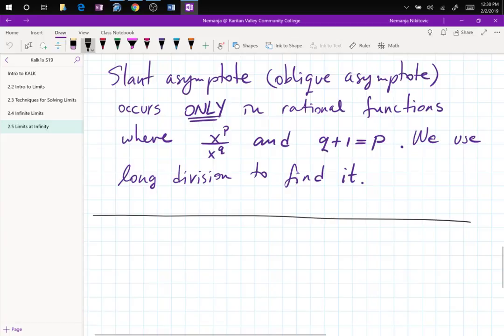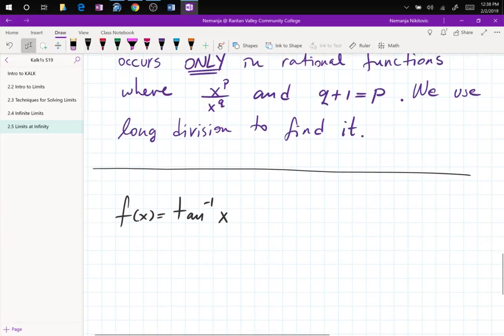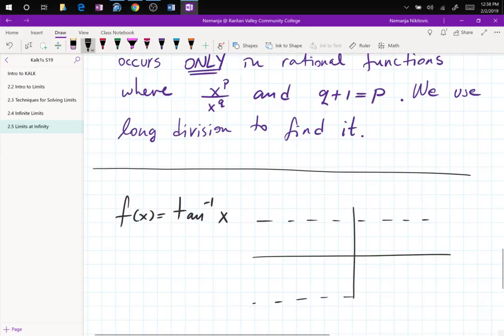So if you have f of x is equal to inverse tangent of x, its graph will have 2 horizontal asymptotes parallel like this at pi over 2 and negative pi over 2, and the function will go like that.